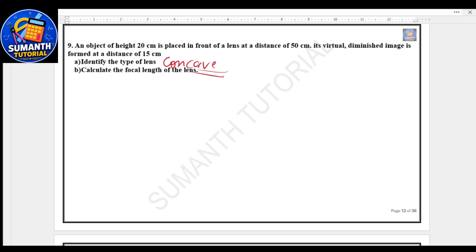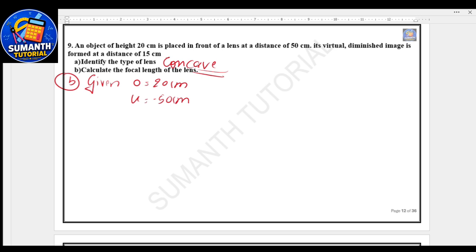Now, how to calculate? Object height is given. So to solve B, we will write a little bit of the given part. In the given part, object height O is 20 centimeter, placed in front of a lens at a distance of 50 centimeters. See here, U is minus 50 centimeter.